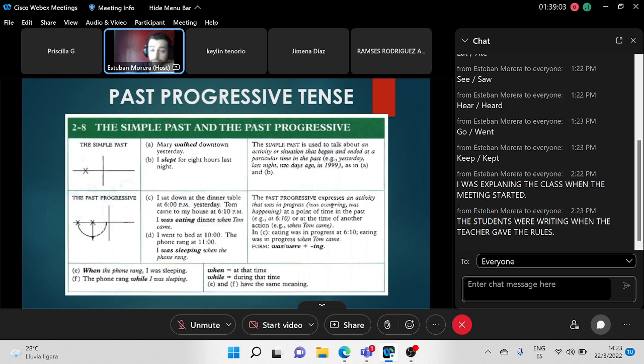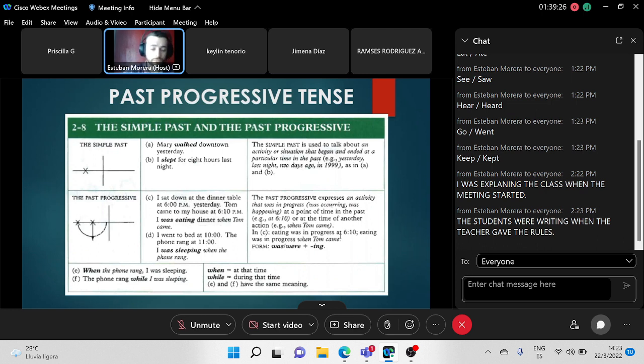It is an action that was happening. It is a progressive action in the past. The action was happening when the teacher gave the rules. The teacher gave the rules is an action in the simple past tense, right? But this action in the simple past tense interrupted the progress of the action in the past progressive form.